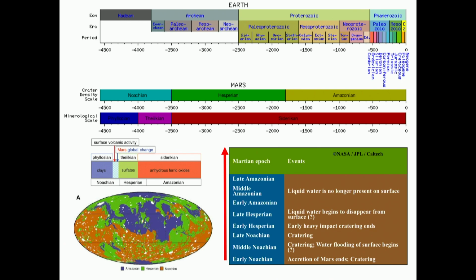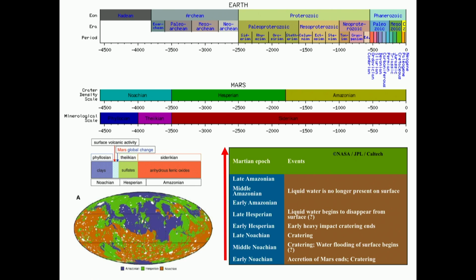Here, for example, the Noachian covering clay minerals, sulfates mainly covered by Hesperian, and the Siderikian corresponding to the Amazonian with anhydrous ferric oxides. This is a model of Professor Jean-Pierre Bibring and other colleagues. And this is more or less the distribution of these epochs on Mars, the Amazonian, the Hesperian, and the Noachian, here with the colors. And this would be more or less the evolution of the different environments.